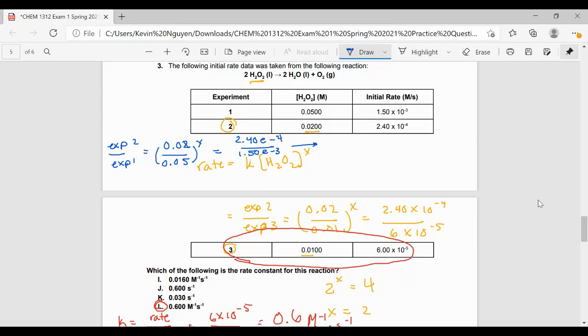So let's see what that gets us. 0.02 over 0.05 should get us 0.4 to the y power, and then this other thing should get us 0.0002 divided by 0.005, so should get us 0.16.